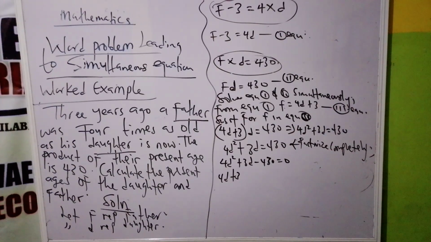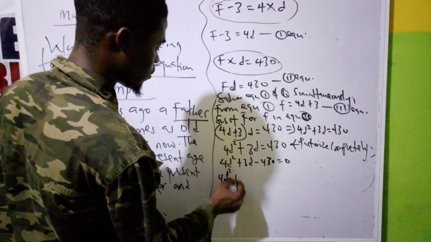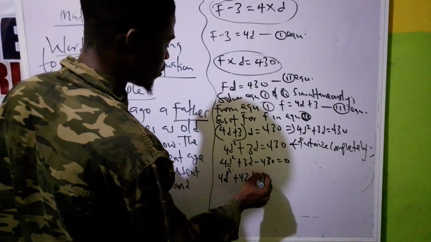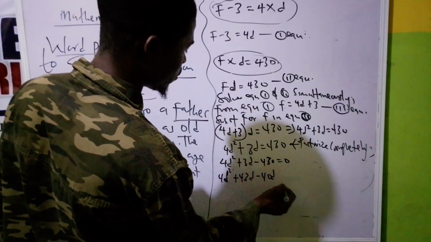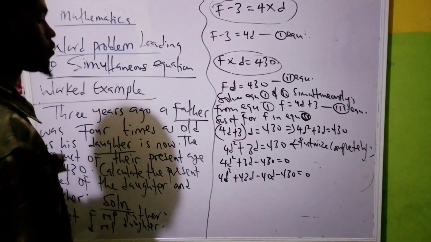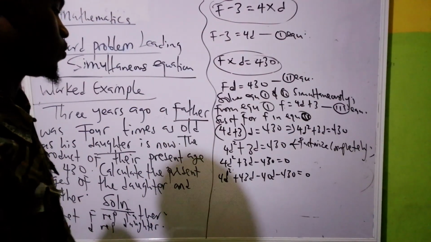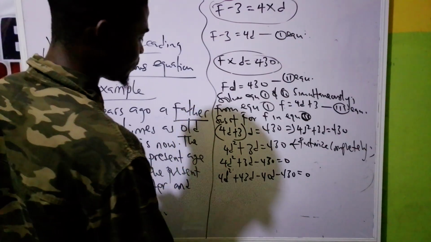That will be 4D squared plus 43D minus 40D minus 430 equals 0. Do you agree with me now? So that's it. Now, what's common here?